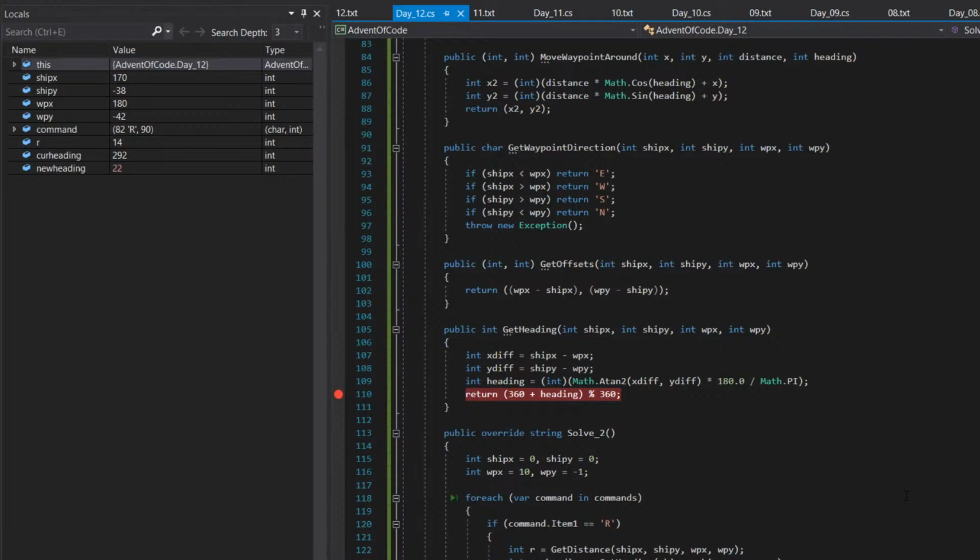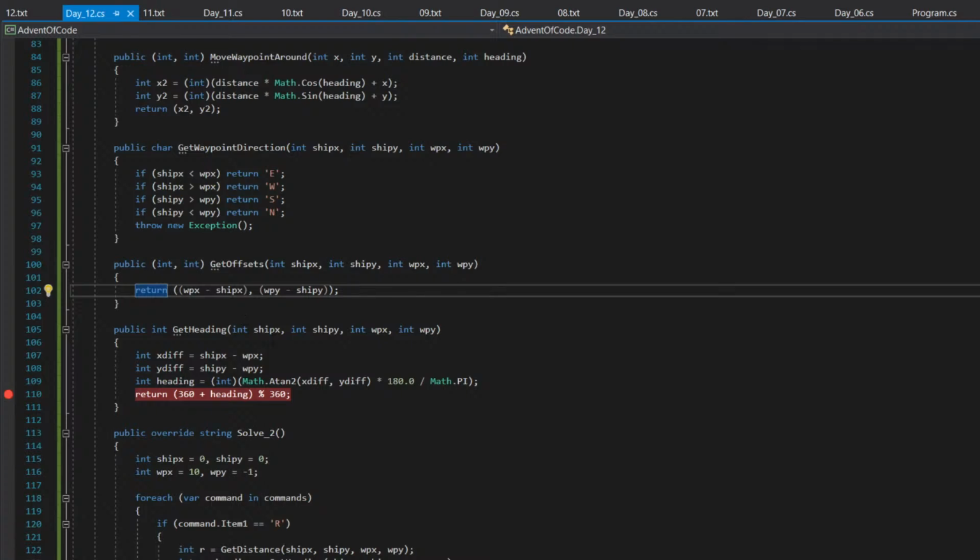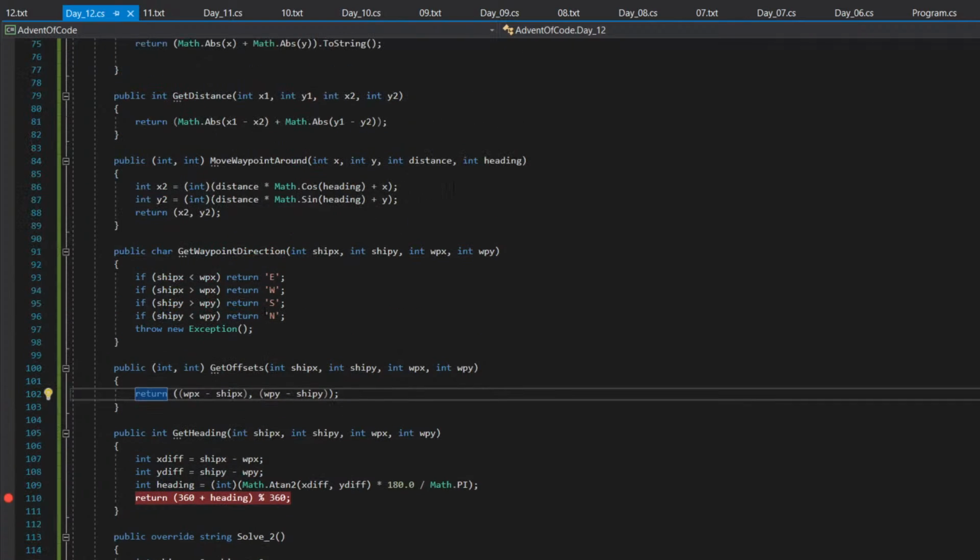New heading is 22, which should move us to the right and a bit down. Now move waypoint around.